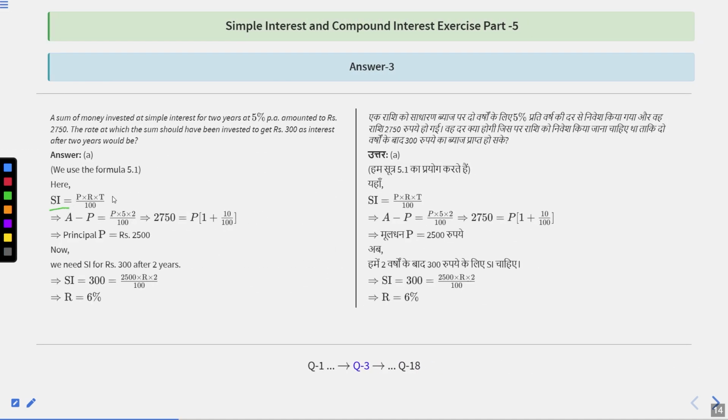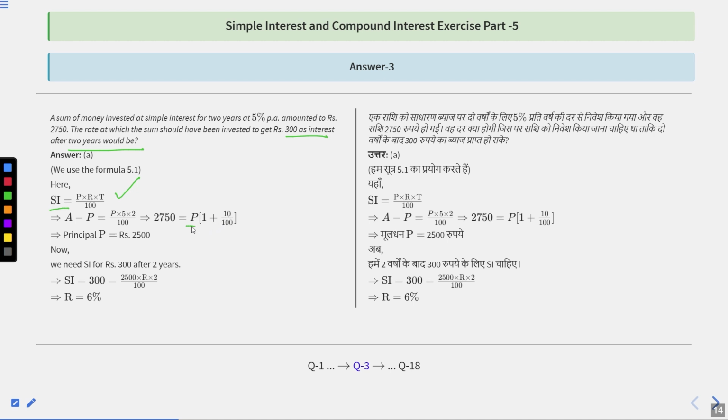Simple interest equals P into R into T upon 100. Clear? So amount minus principal is equal to P into R into T upon 100. So 2,750 is equal to P into 1 plus 10 upon 100.